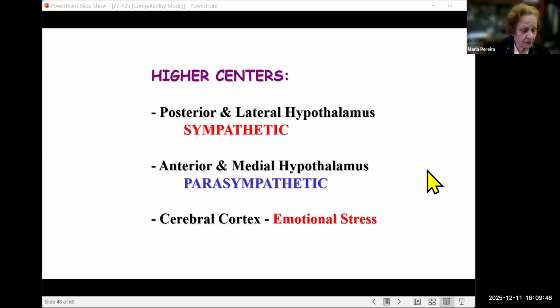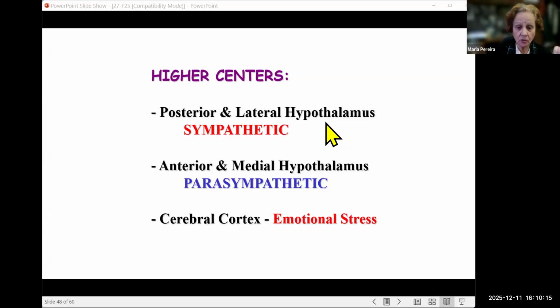So for the autonomic nervous system, it's autonomic. That means its basal function does not require input from the CNS, but the CNS can have a major effect on the functioning of the ANS. So, the hypothalamus, remember all those nuclei that we discussed.